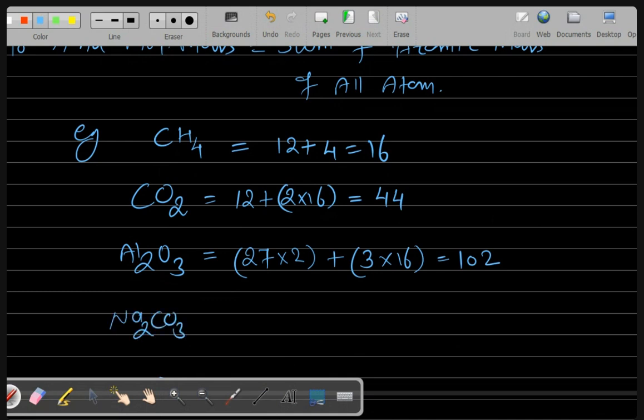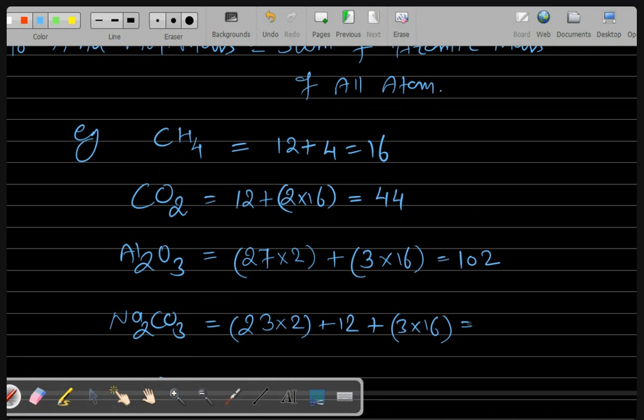Sodium carbonate. The atomic mass of sodium is 23, times 2, plus carbon 12, plus oxygen 16 times 3.